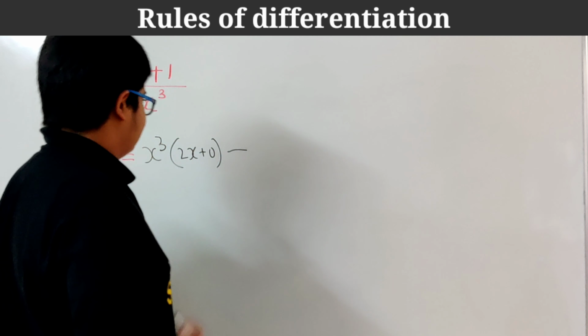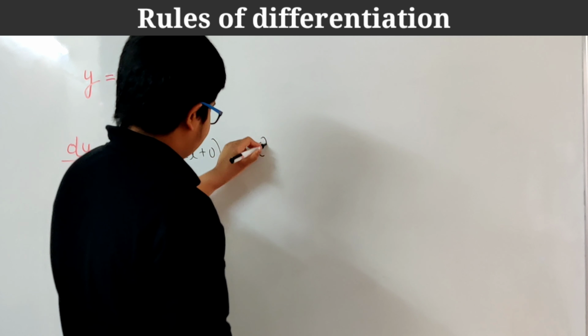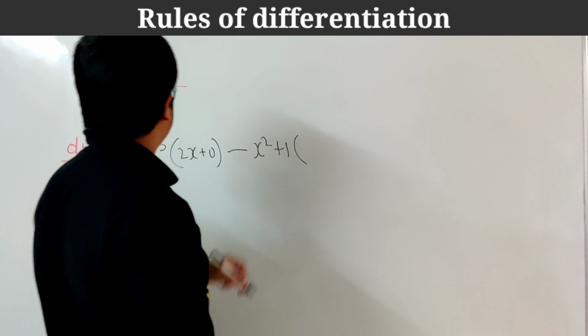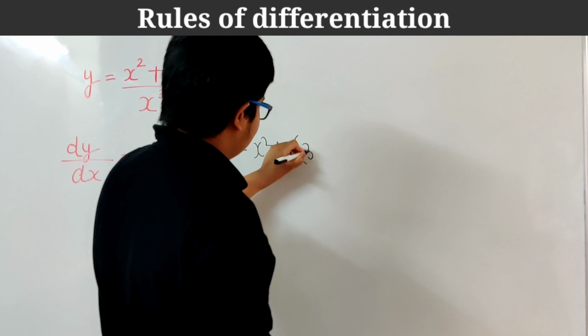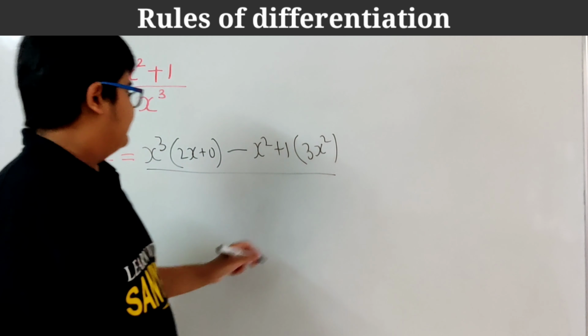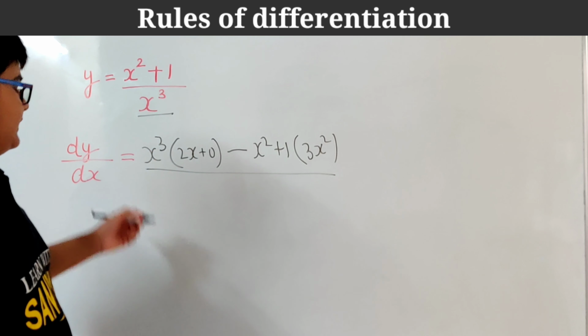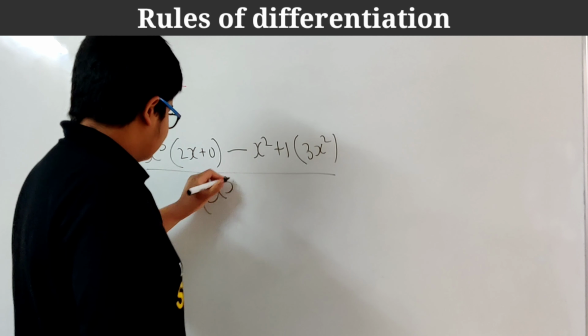Now put a subtract sign and reverse it. So take the first function and differentiate the second. So differentiation of x cube will become 3x square. And in the denominator we will write the square of the second function. So x cube whole square.